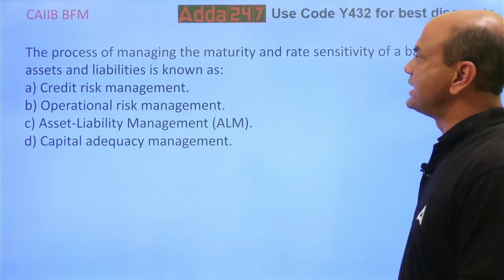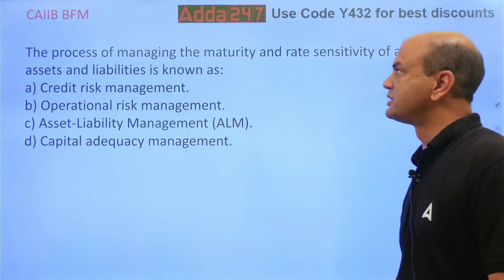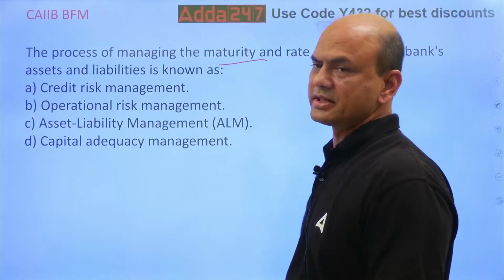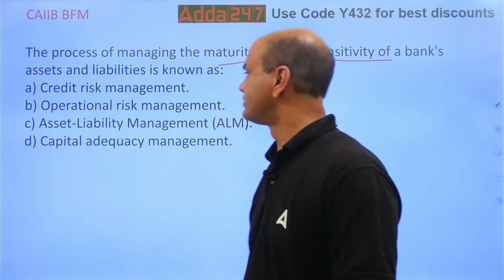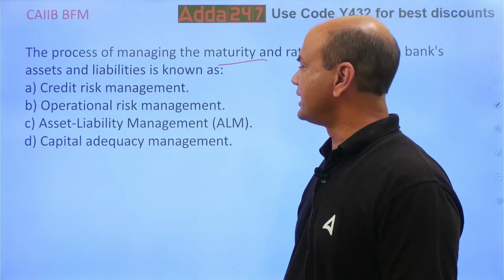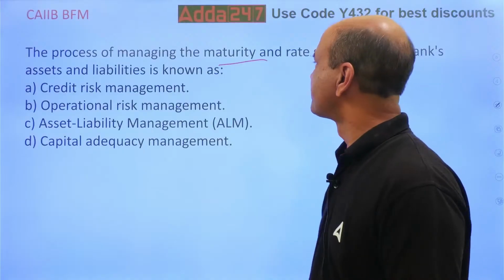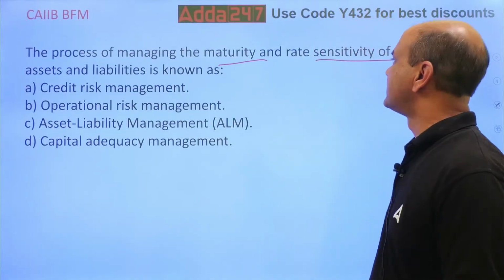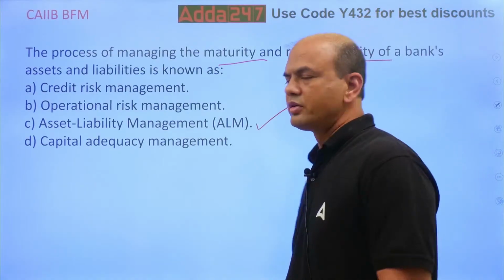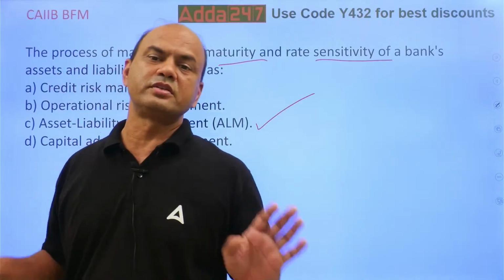The process of managing maturity and rate sensitivity of banks' assets and liabilities is known as: credit risk management, operational risk management, ALM (asset liability management), or capital adequacy management. Under ALM, you have to manage only two things. Always remember, RBI also focuses on these two things.